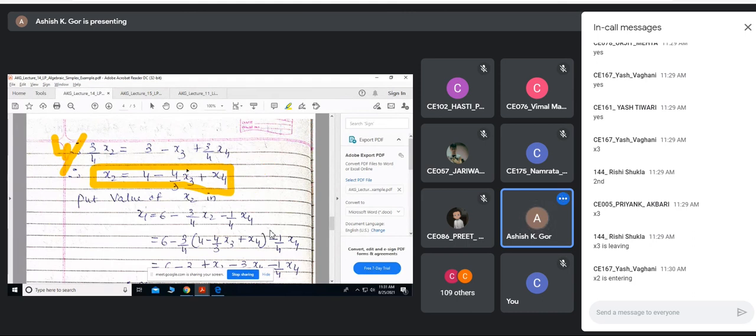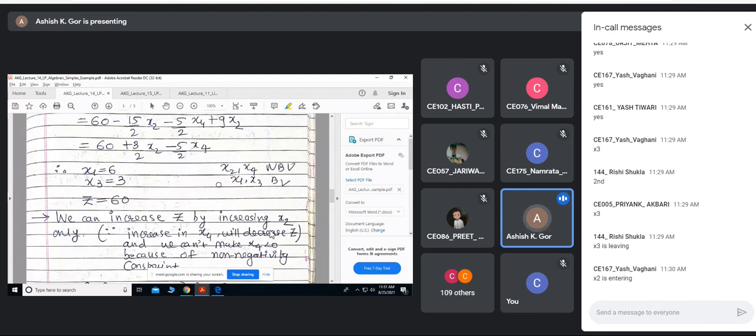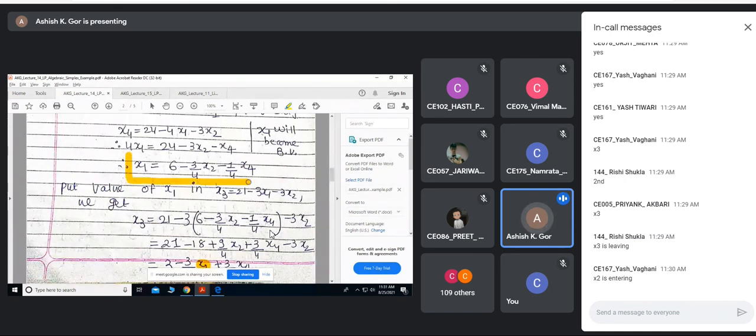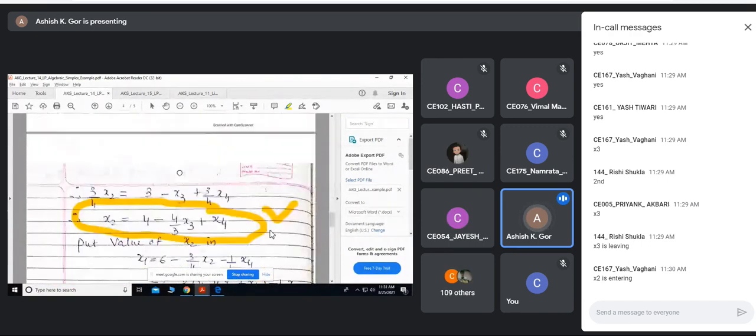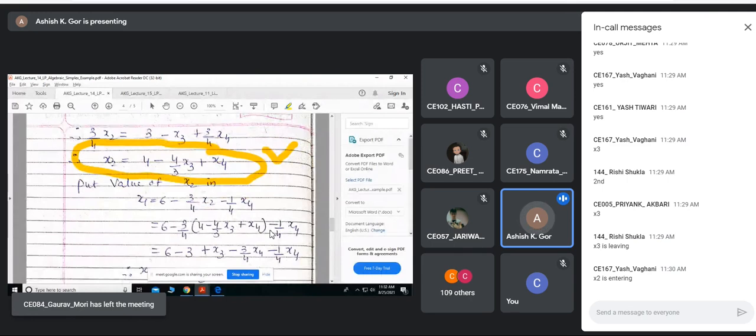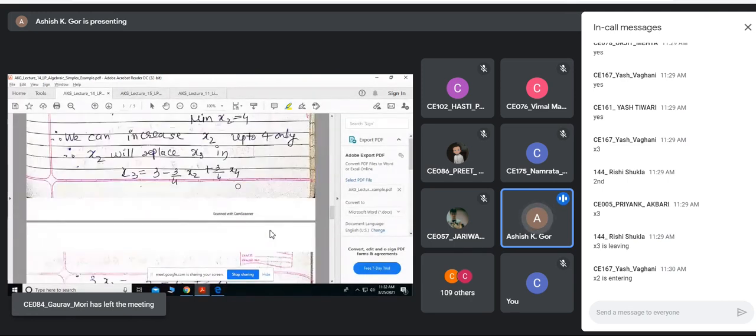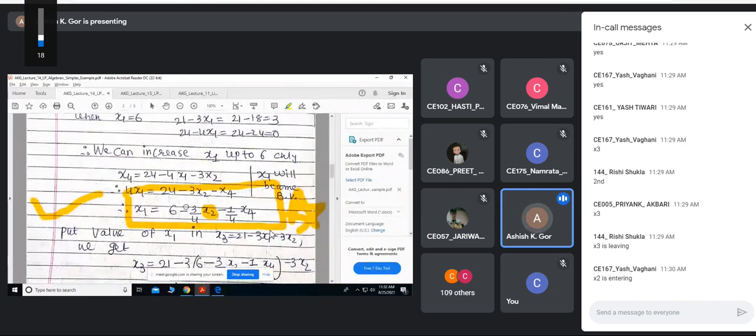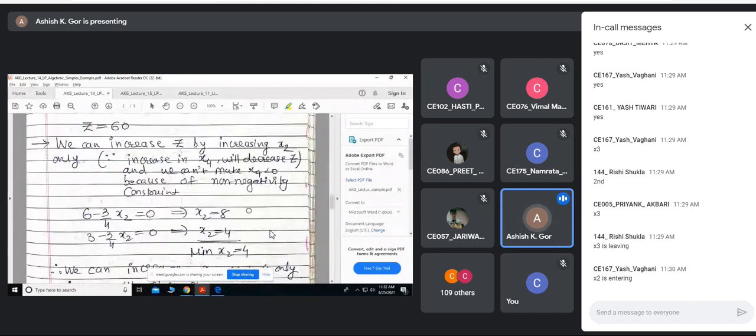So you can see x2 has become basic. And now you see what is the constraint which is left? The one in which I got 8, this is already on the right hand side, there is x2, x4. So the value of x2 that I obtain, I have to put in this equation, let me call it star, so that I get everything proper. So put this value of x2 in the first equation: 6 minus 3 by 4 x2 minus 1 by 4 x4.